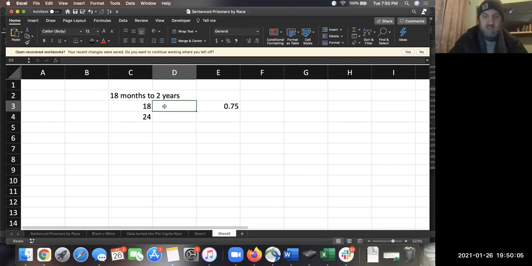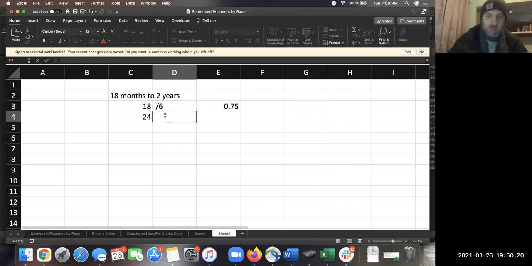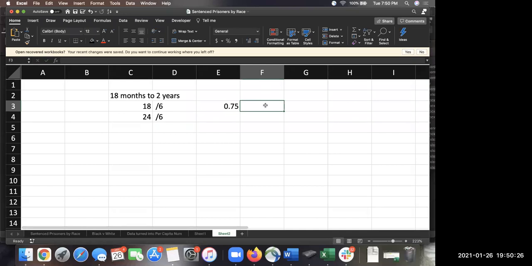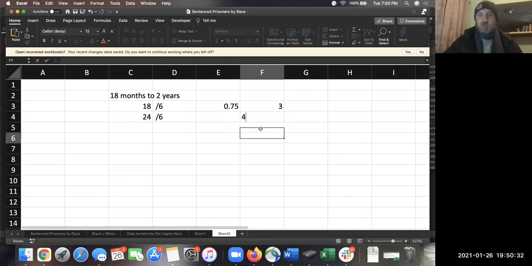So what can you divide the top and the bottom by in this situation? 6? Okay, so divide by 6 here, or divide by 6 here, and that leads us to what fraction? 3 over 4? Exactly. That is the simplified answer that they are looking for in this homework problem.